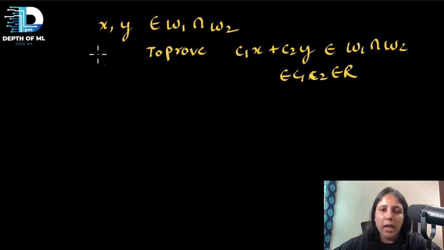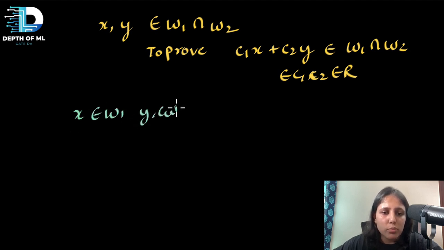Then I have proved that the linear combination of these two vectors is in this set and hence it will be a subspace. Okay. So I'll do a similar argument here as well. So I know that X belongs to W1 and Y also belongs to W1, right? Similarly, I know that X and Y belong to W2 also, right?